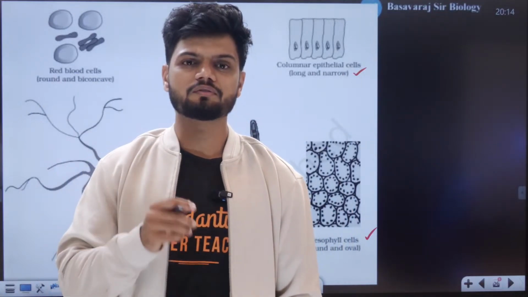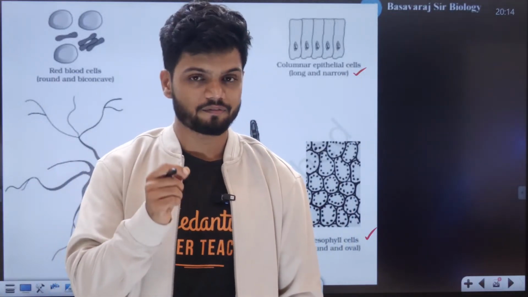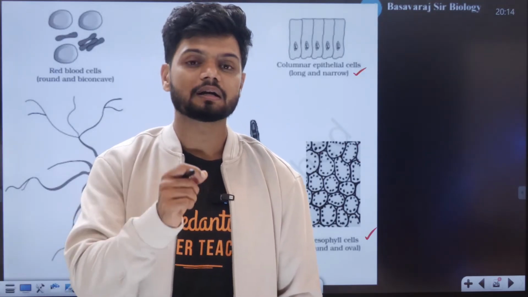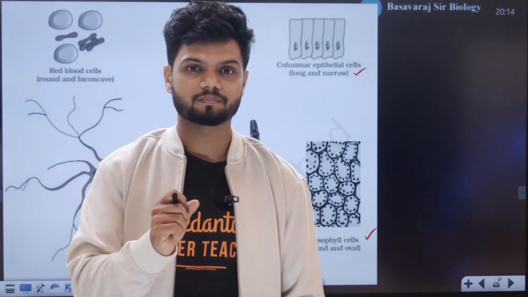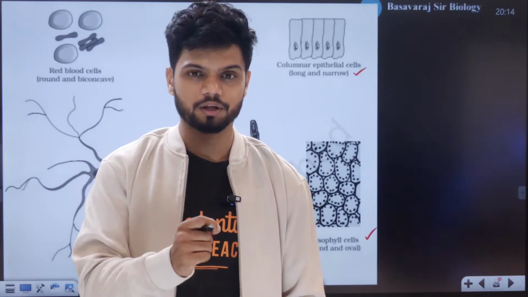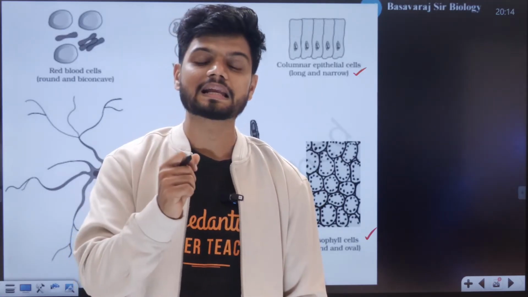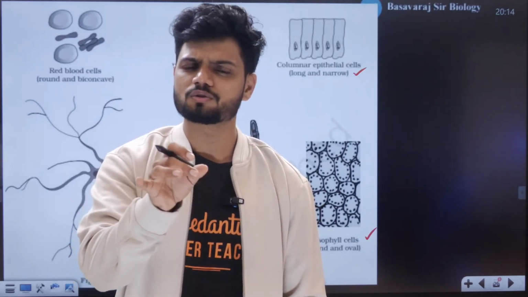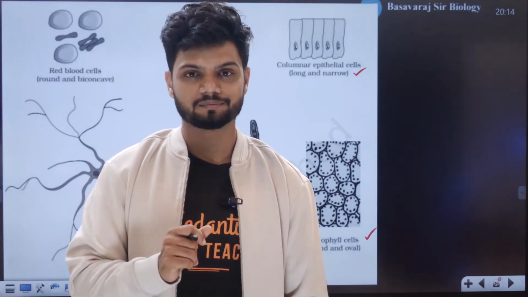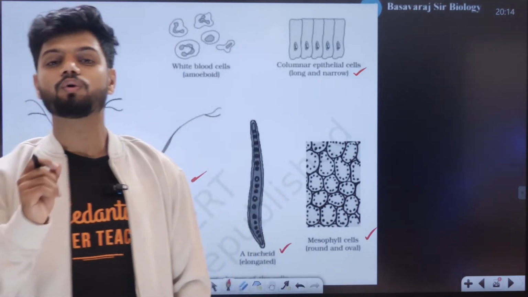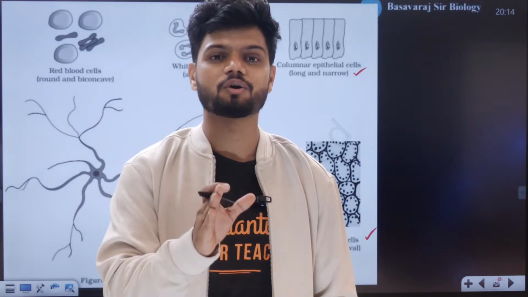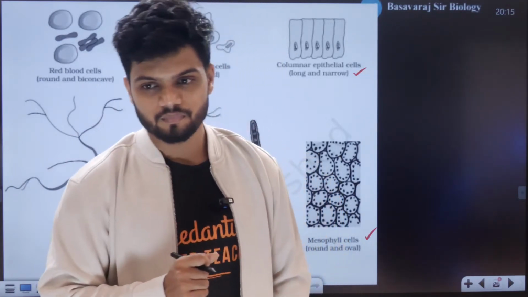Tell me, in which cell of the human body does only glycolysis take place? There is no Krebs cycle, no link reaction, no ETC. Which is that cell where only and only glycolysis takes place? Answer is on the board.